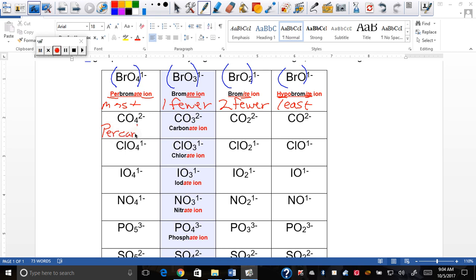Percarbonate. Then we have carbonate. Then you have CO2 2 negative. That one should be called carbonite. And then you have the one with the least amount. That one should be called hypocarbonite.